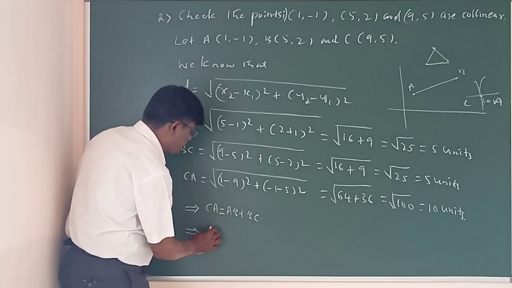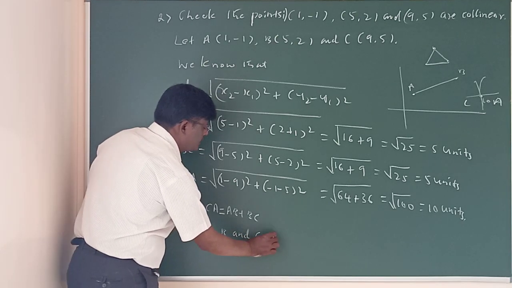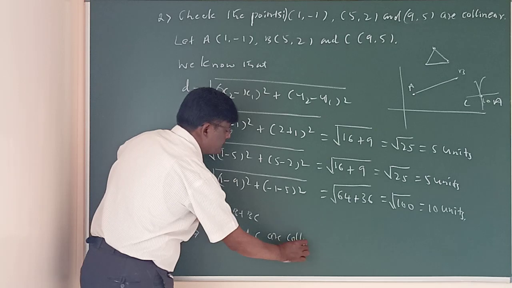Therefore, this implies CA equals AB plus BC. Hence this implies A, B and C are collinear.